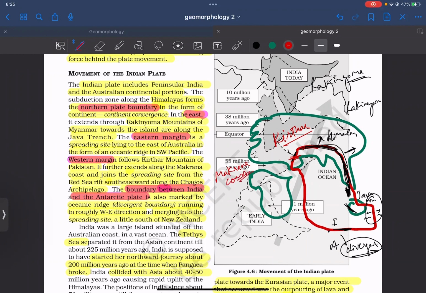Then it moves along the Red Sea Rift region, because the minor Arabian plate, we say, is a part of the Indo-Australian plate only. So it moves along the Red Sea Rift. Then over here, Lakshadweep, Chagos Island, right? And it moves southward. So this is south. Over here it has a divergent boundary.